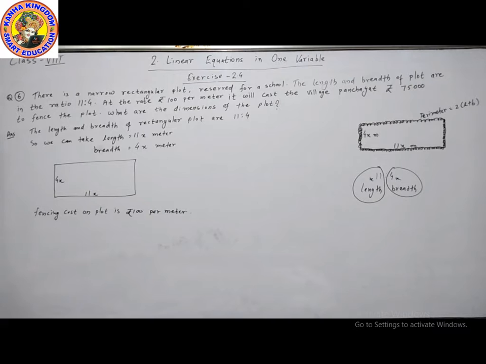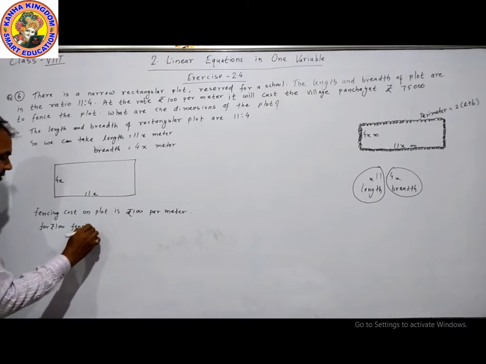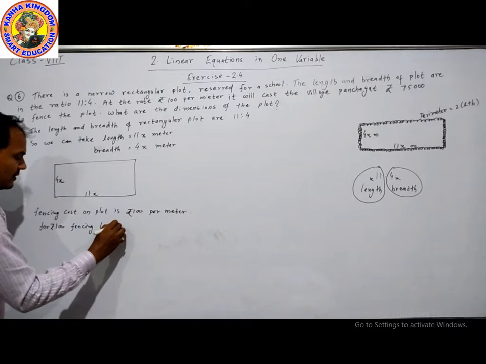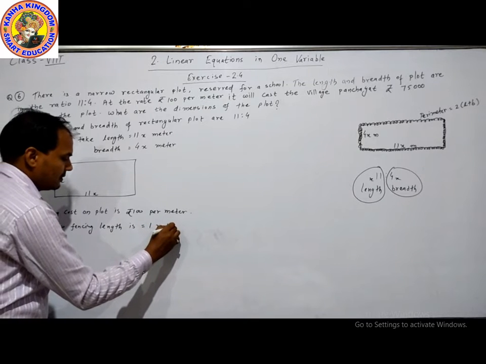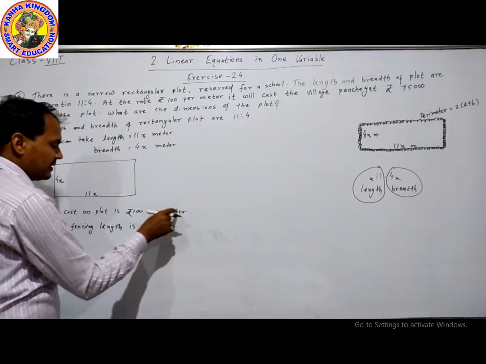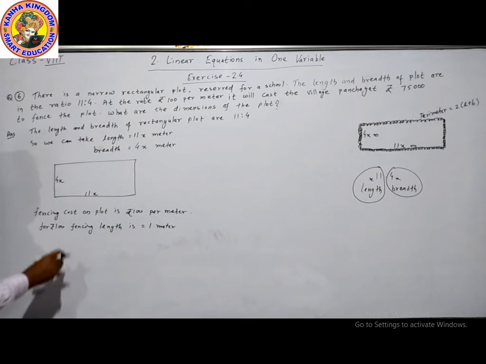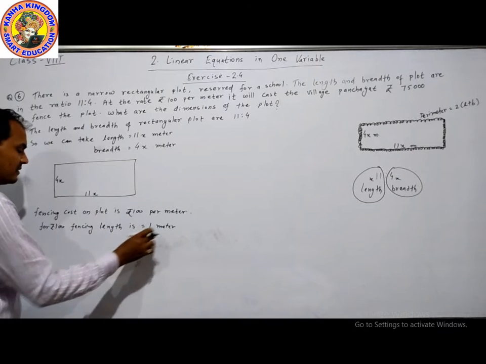Fencing cost on plot is rupees 100 per meter, means for 100 rupees the fencing length is 1 meter. Rupees 100 per meter means 1 meter costs 100 rupees. So for 100 rupees, fencing length is 1 meter.